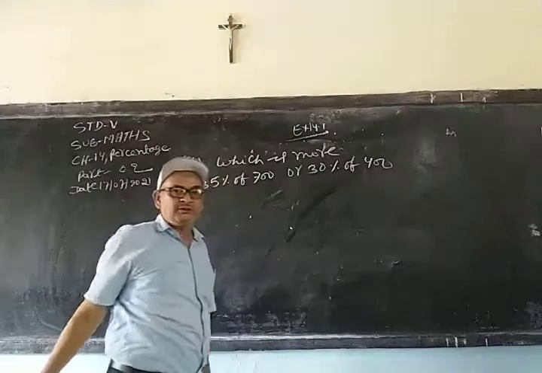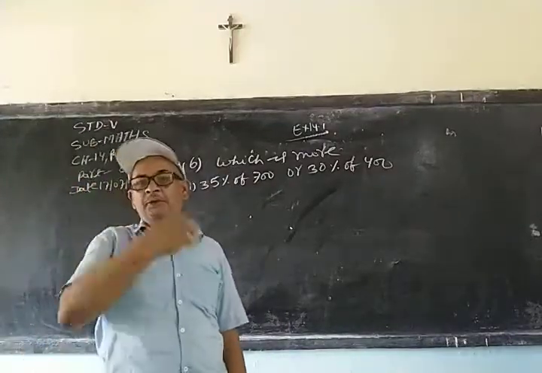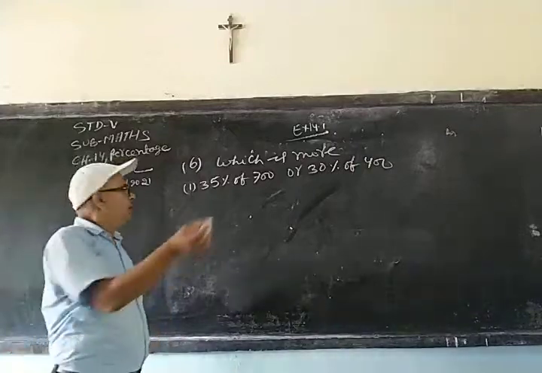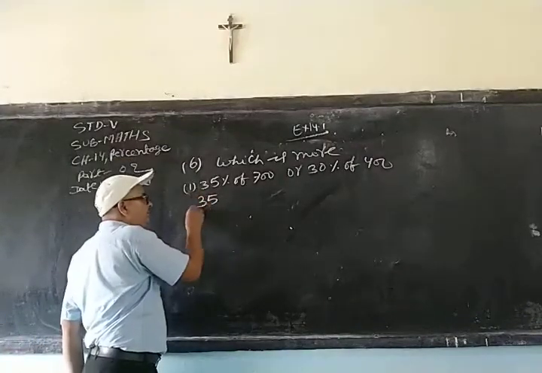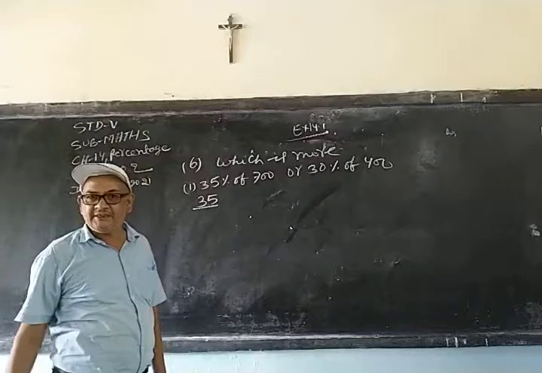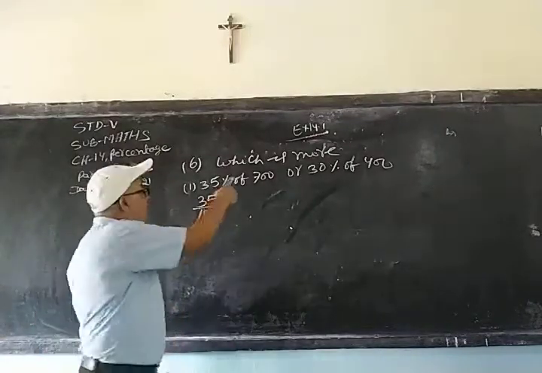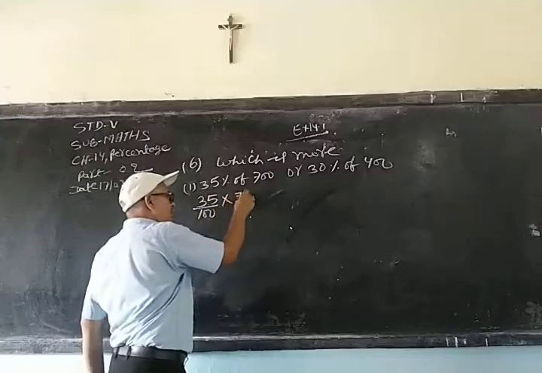See this, my dear student. First, what will you do? Simplify. First find the value of 35% of 700. What will you write? 35. To remove this percent sign, we divide by 100, or not? And of means into 700.